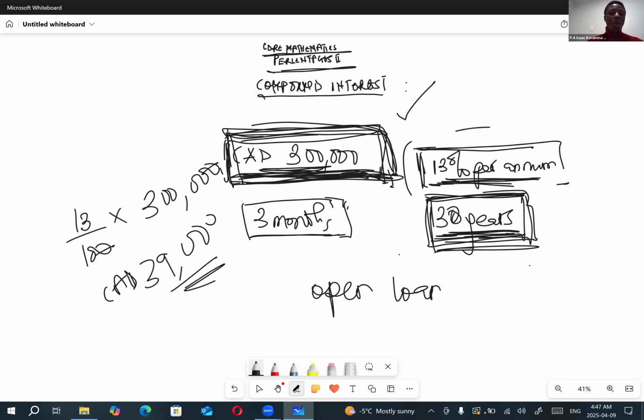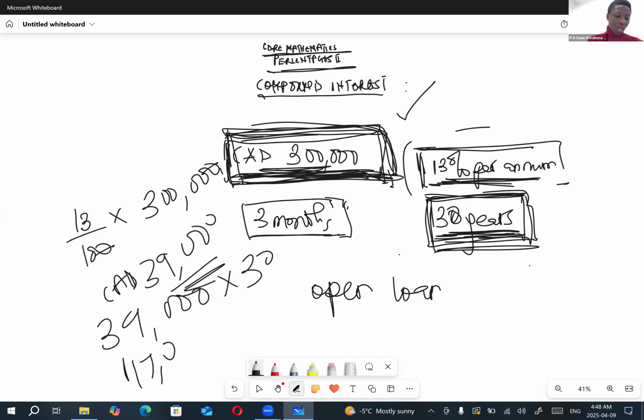Multiply 39,000 Canadian dollars by 30, and it will let you know the interest you are paying in the next 30 years. 39,000 times 30 is 1,170,000.